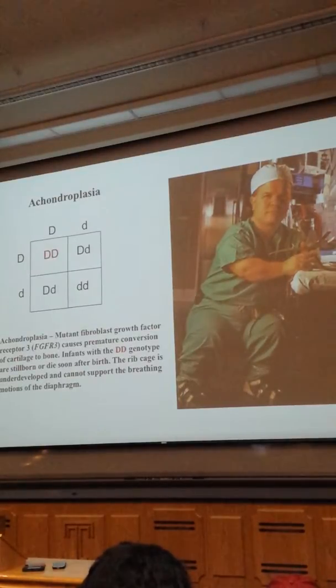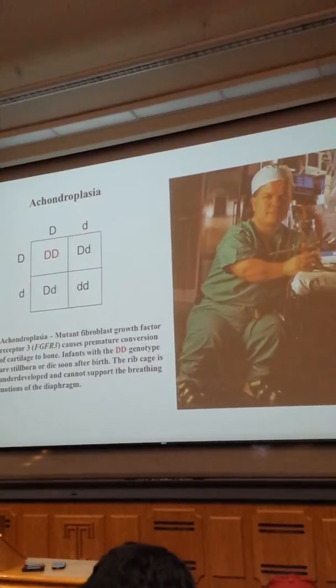And the reason why these infants with this genotype are stillborn, they usually don't even make it to birth, is simply because the rib cage is underdeveloped and cannot support breathing. There are no breathing motions that can occur.